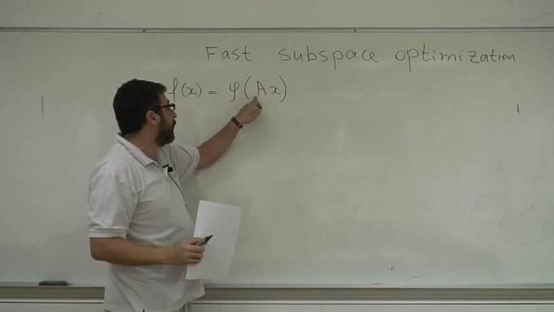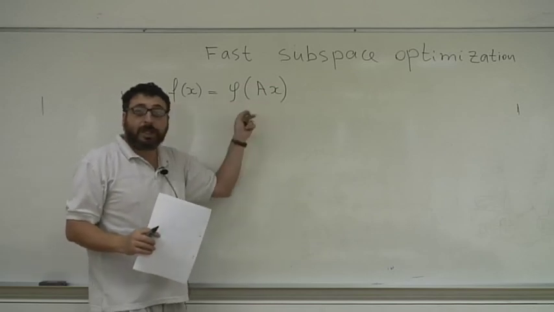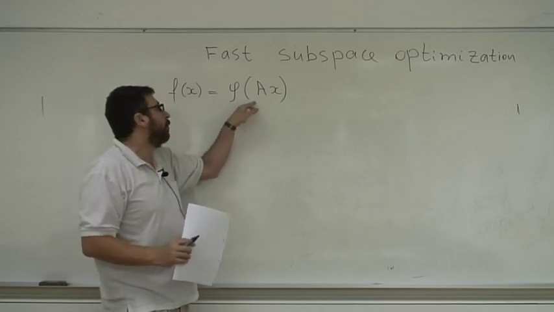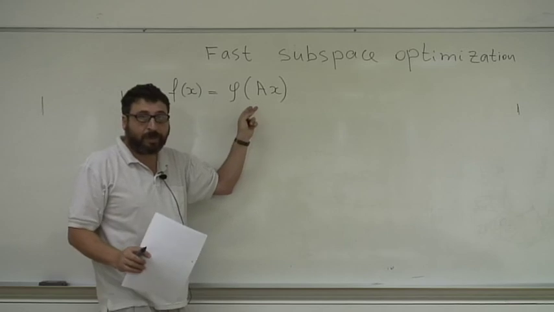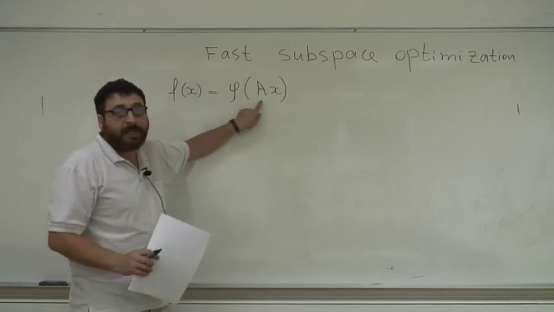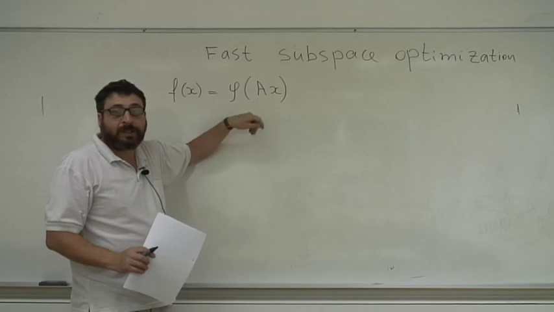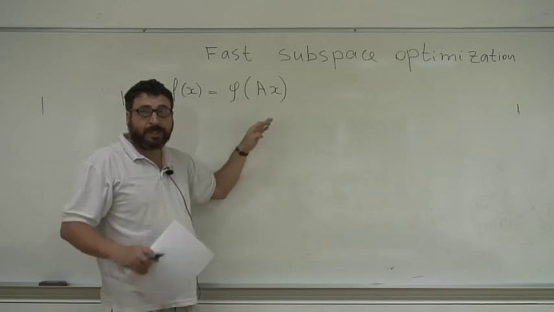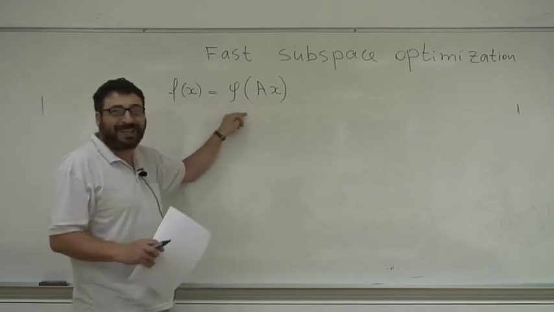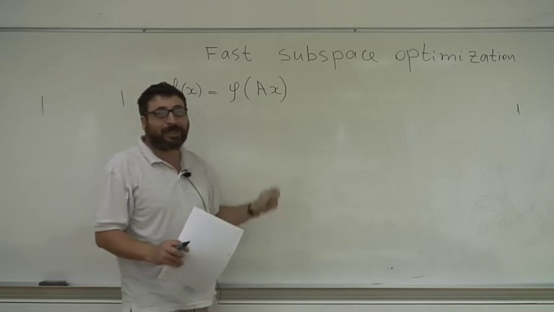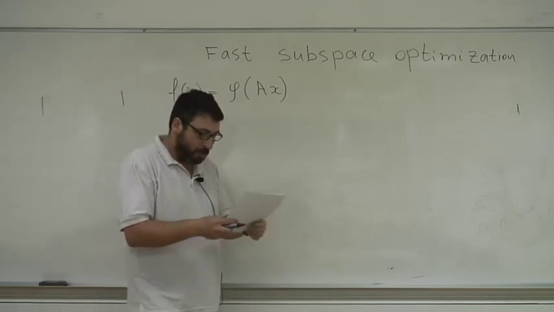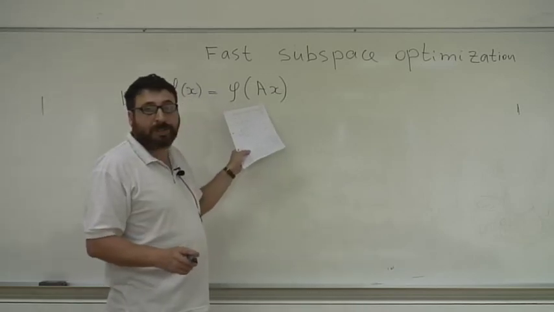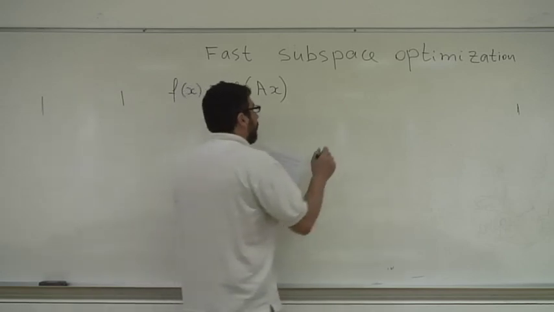So phi is a function of a vector argument, but it's cheap to compute. For example, it's a sum of phi i of its elements, but maybe also different. And A is some linear operator, some large matrix, which is costly to compute with.